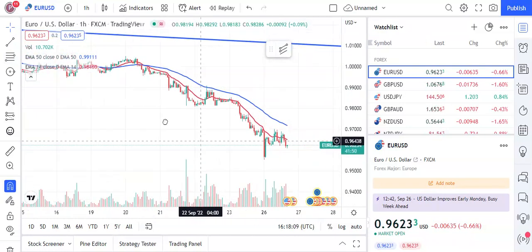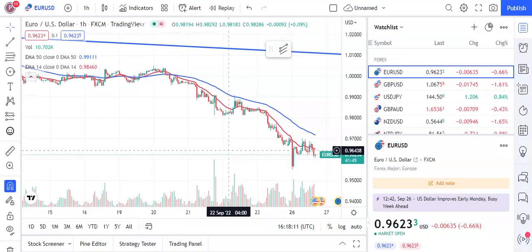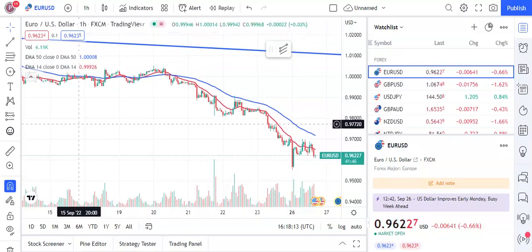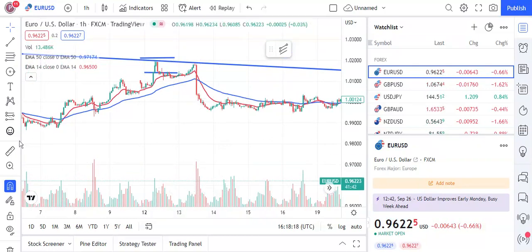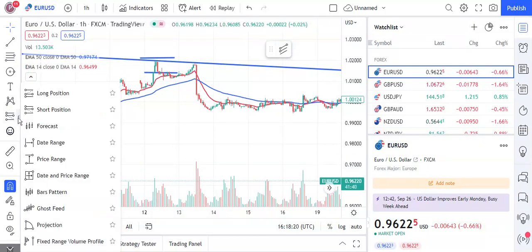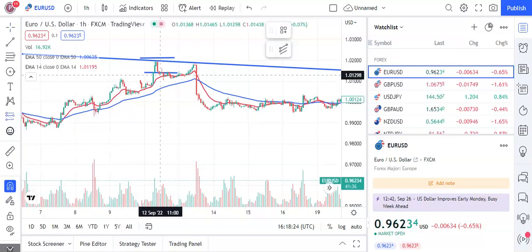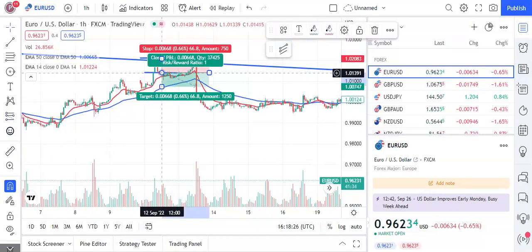You see what happened? Price has gone deep down. Let me use this point to measure it. Watch. Point of entry. Stop loss.